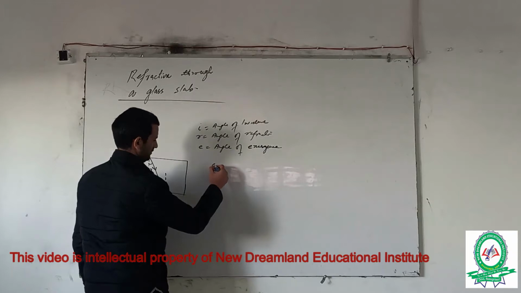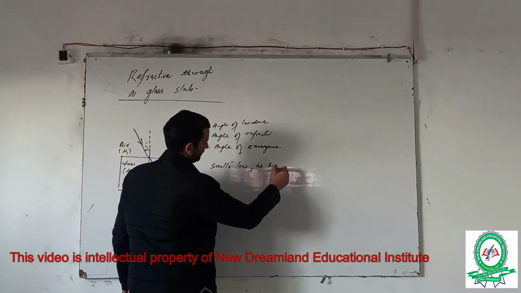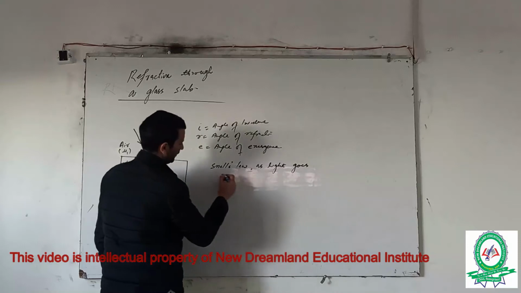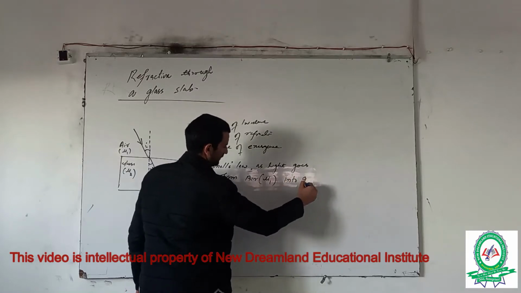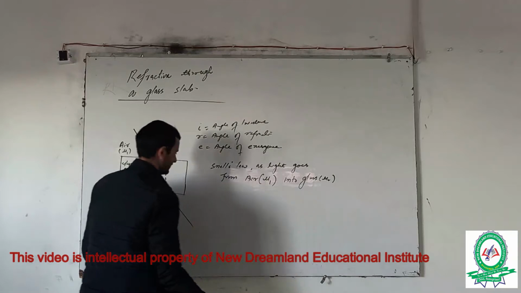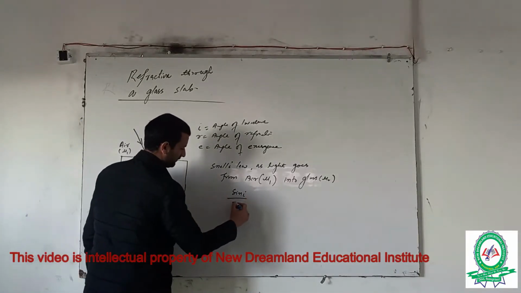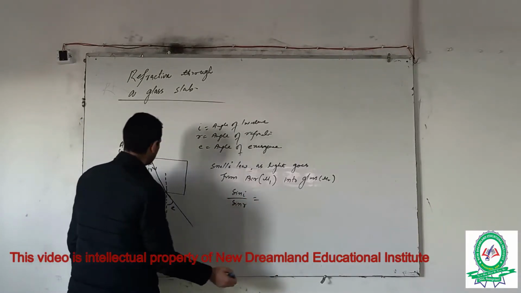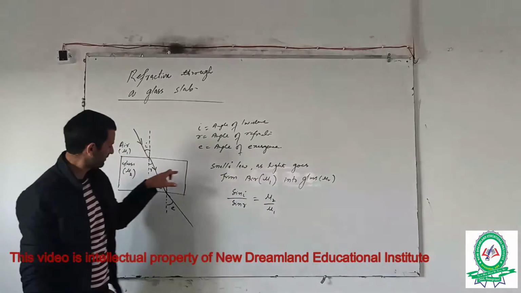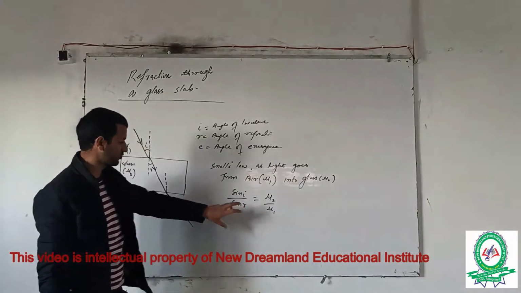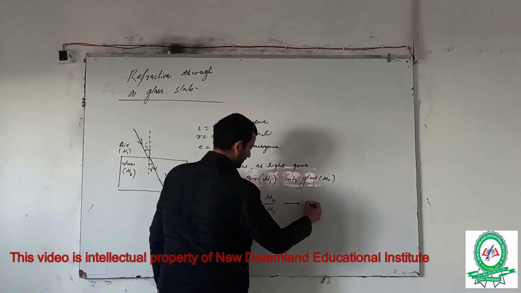So Snell's law, as light goes from air with refractive index mu1 into glass with refractive index mu2, and Snell's law is sine of angle of incidence I divided by sine of angle of refraction R equal to mu2 divided by mu1, where mu2 is the refractive index of the medium जिसमें refracted ray है, and mu1 is the refractive index of the medium जिसमें incident ray of light है. And let's call this equation first.